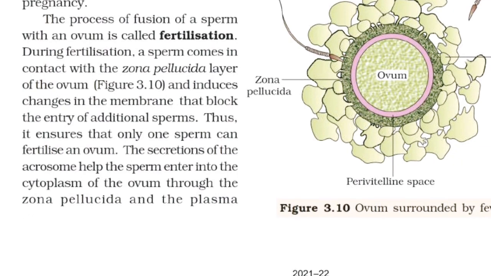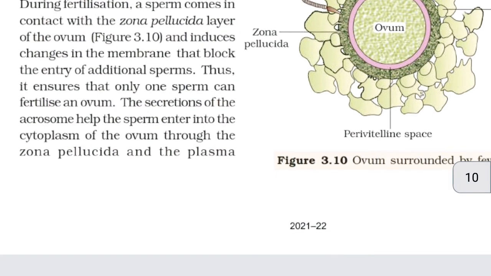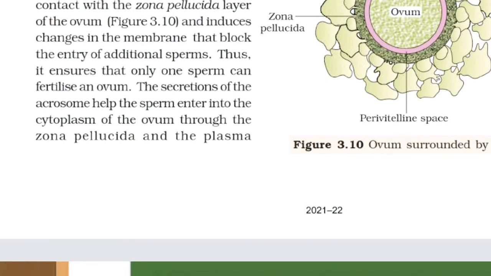During fertilization, the sperm comes in contact with the zona pellucida layer of the ovum and induces changes in the membrane that block the entry of additional sperms. Thus, it ensures that only one sperm can fertilize an ovum.